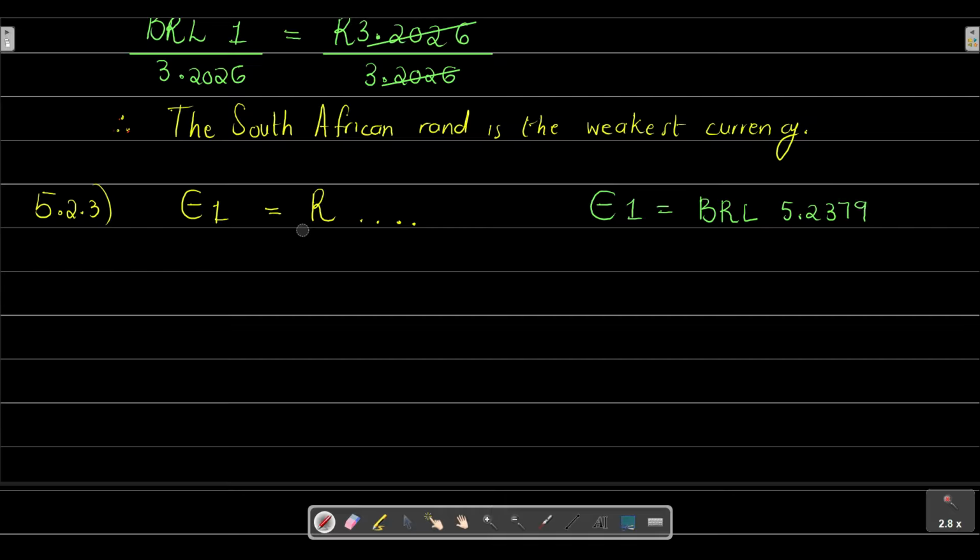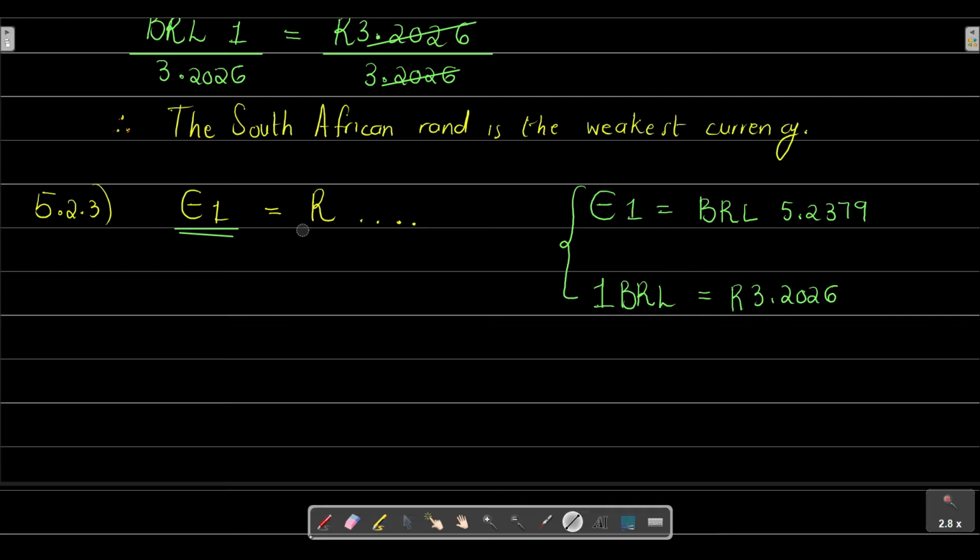The other exchange rate we're going to focus on is the one that deals with your rands, and it says that 1 Brazilian real is equal to 3.2026 rands. These are the two exchange rates that are going to help us get to what we are looking for. And we already know that we want our equation to start off with 1 euro.